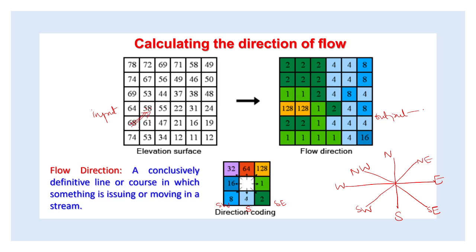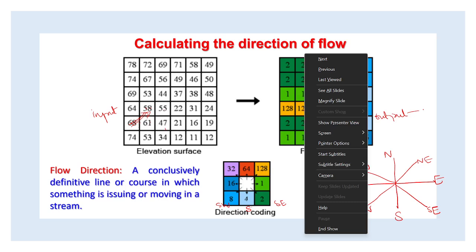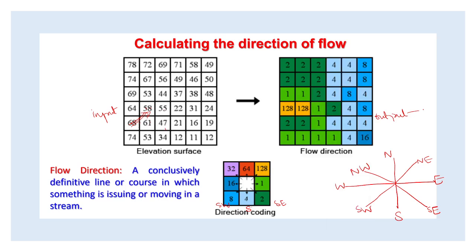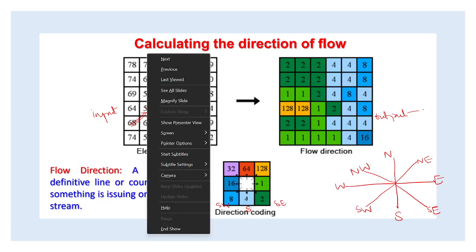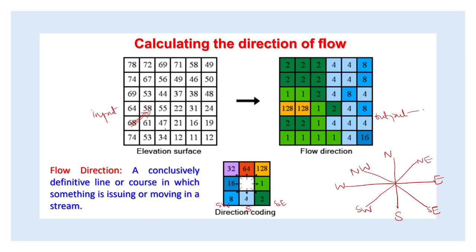Similarly, we can do it for other cells also, for example in this case 61, so here 55, 47. For this cell we have written it as 128. Then let's say for this one 50, just a minute, 64, and with respect to 61, we have it to be in the southeast direction, so then we have a 2.